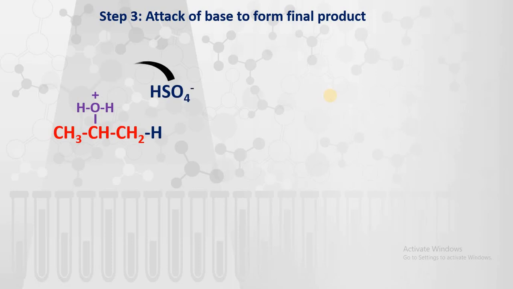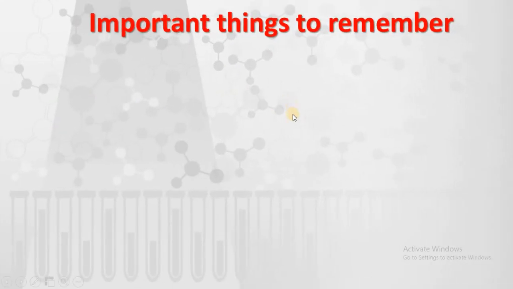It abstracts the proton from this intermediate and formation of alcohol takes place. So in the overall reaction, across this carbon-carbon double bond, there is an addition of a water molecule, and this OH is attached to the secondary carbon atom. In this way the product is formed.